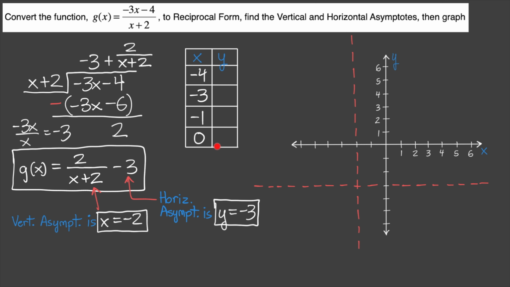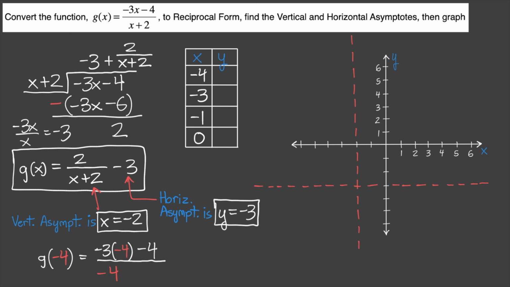All right, so now we plug these values back in. I'm going to plug in just one of them just to show you how to do it. I'll plug it into the original function here. So I'll find g of -4 first. So g of -4 is -3 times -4. So all I'm doing here is plugging in -4 wherever we see an x.